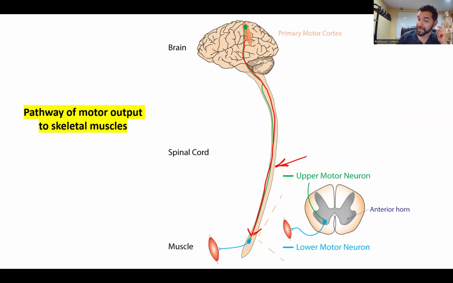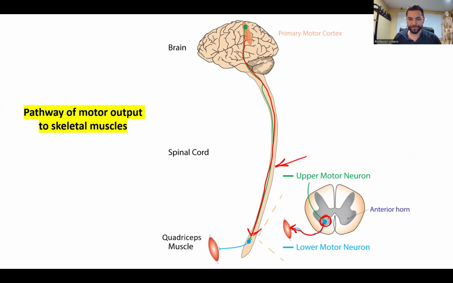And we mentioned this in the spinal cord. The lower motor neurons, those cell bodies, are found in the anterior horn. And then that message comes out the spinal cord through a nerve to your muscle. So really, the pathway for voluntary motor control is quite simple, right? You initiate it, message goes down from an upper motor neuron, out through a lower to your muscle, muscle contracts.